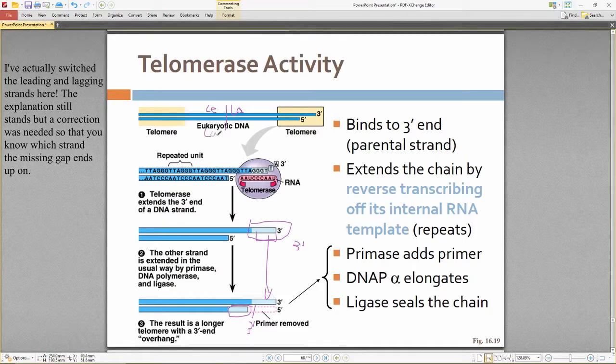So this is a lagging strand and this is a leading strand. They're not showing it, but over here there would be a gap too. So they're actually the same size. They can't be translated, but any problem that happens here happens here.